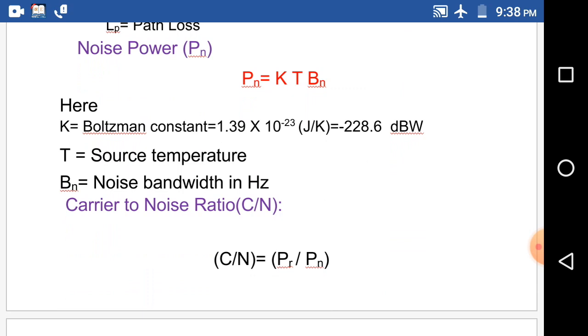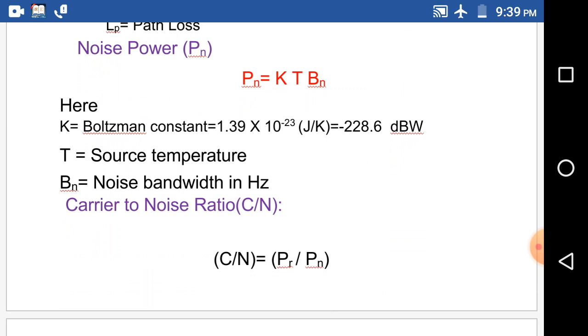Now I told you that the design of downlink is used to calculate the C by N ratio and G by T ratio. In the C by N ratio, C is nothing but the received power, that is PR, but N is nothing but the noise power, that is Pn. So noise power Pn equals K times T times Bn.